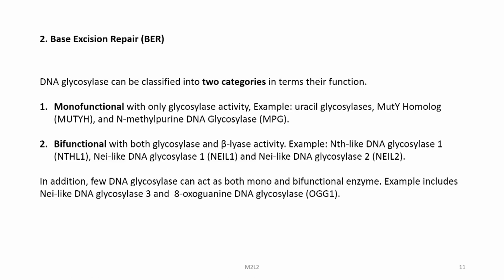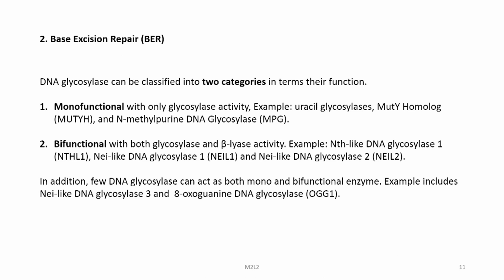These DNA glycosylases can be classified into two categories in terms of their function. The first are the monofunctional and the second are the bifunctional. The monofunctional, with only glycosylase activity, include uracil glycosylase, MutY homolog and N-methylpurine DNA glycosylase.